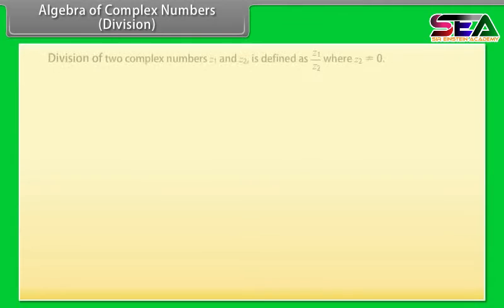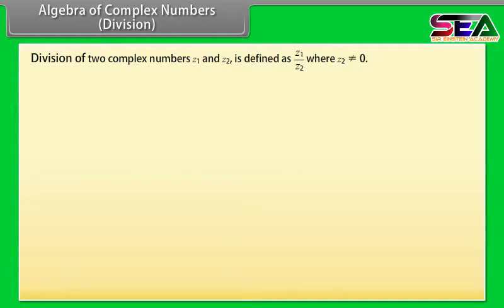Algebra of complex numbers. Division. Division of two complex numbers Z1 and Z2 is defined as Z1 by Z2, where Z2 is not equal to 0. Or we can write Z1 by Z2 is equal to Z1 into 1 by Z2.